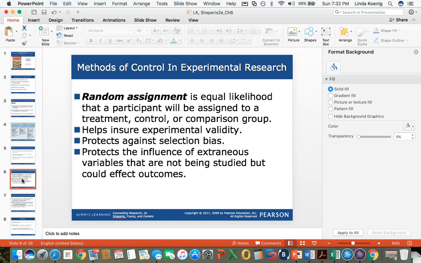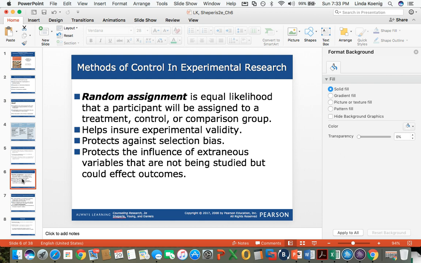All right, so random assignment. Another method of control is random assignment. And random assignment means that a participant is equally likely to be assigned to either the treatment group, the control group, or the comparison group. It helps ensure that the experiment is valid.